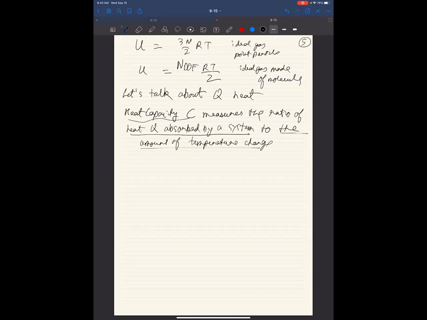In other words, C is equal to delta Q by delta T. This is the intuitive definition. Let's be a bit more rigorous about it.